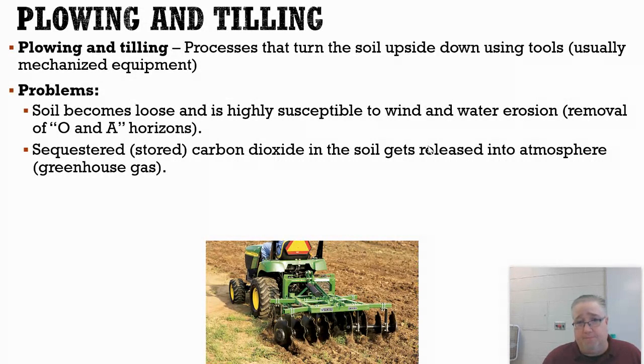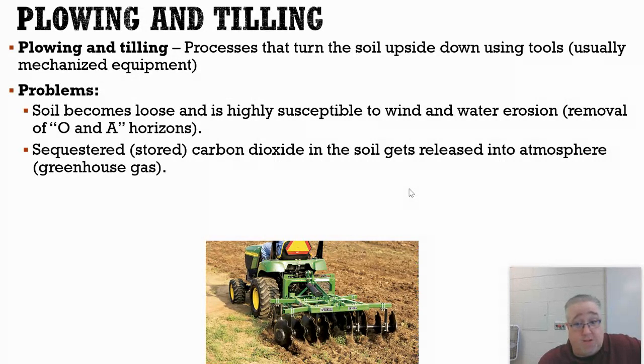Another big problem with tilling the soil is that within the soil, especially in the A horizon, a lot of carbon dioxide gets sequestered, stored. That's because, remember, plants respirate.